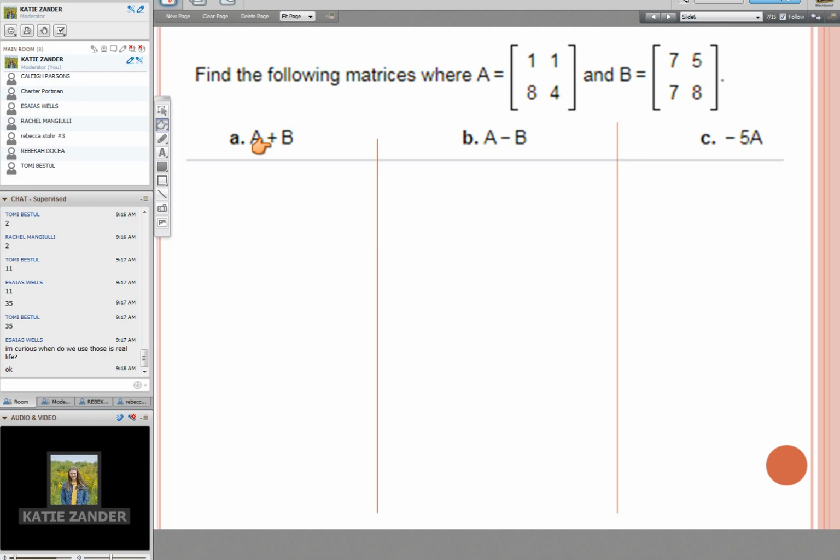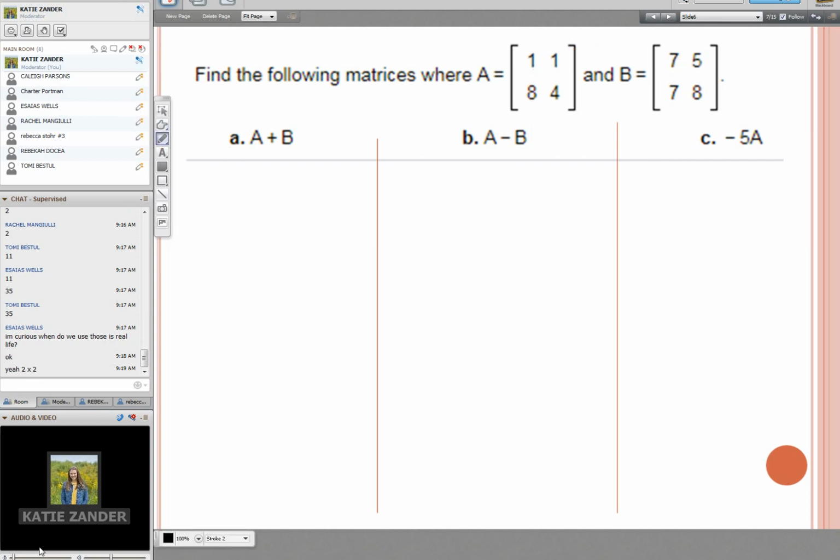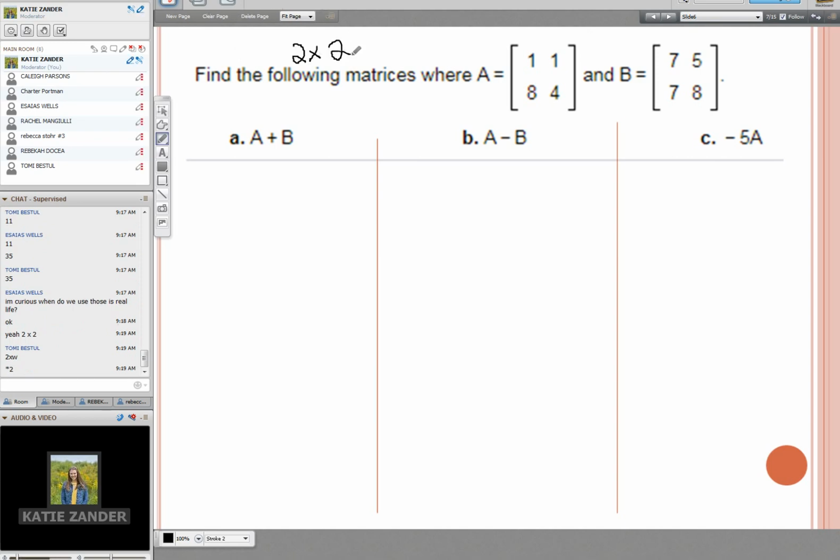All right, before we can add or subtract matrices, we need to make sure their order is the same. So, do they have the same order? If so, what is the order of each of these matrices? Yeah, they're both 2 by 2s. So if they're both 2 by 2s, we can go ahead and add those together. When we add or subtract, we're looking at the elements that are in the same spot.